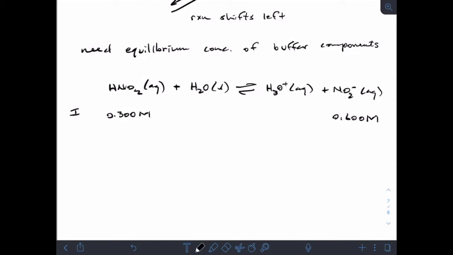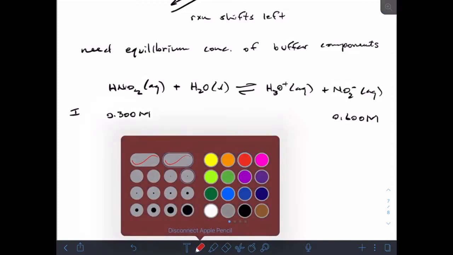Or in the case of actually making the buffer in real life, I would start with some sodium nitrite. Right, and then with adding our acid, we are now going to start with a concentration of H3O plus. Right, so we're adding acid. Let me put this in red.